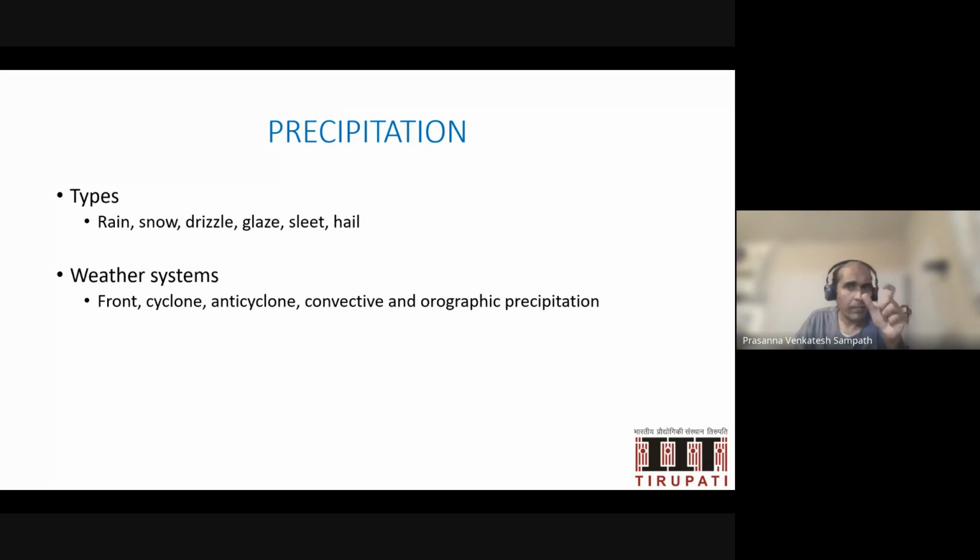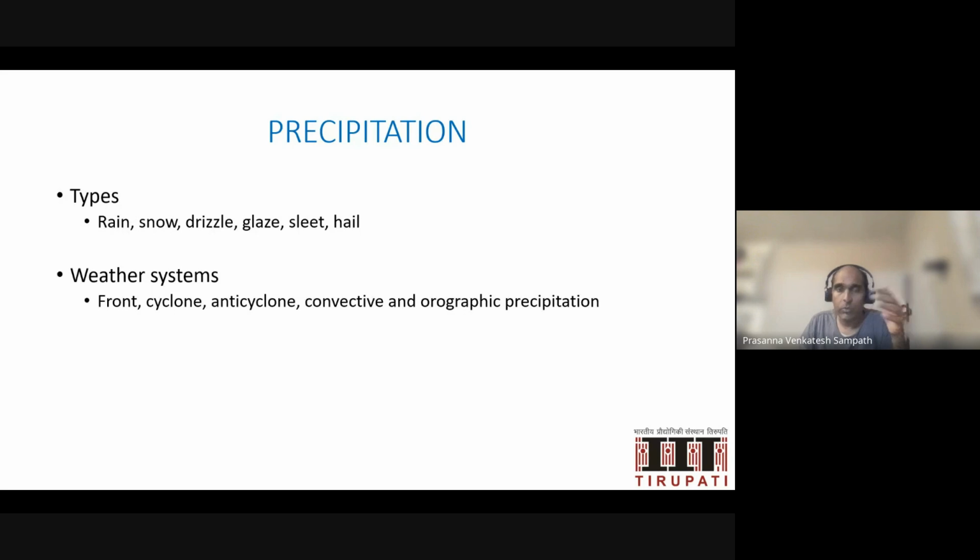Okay, then orographic precipitation typically refers to precipitation that happens when you go to a slightly higher elevation. Again, something similar happens. Moisture gets collected in the air, and it rises up, and when it rises up, the temperature is lower, so that air cools down, and the moisture condenses and then falls as precipitation at a higher altitude.